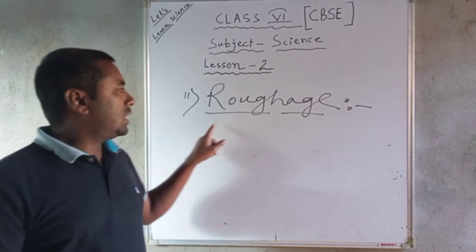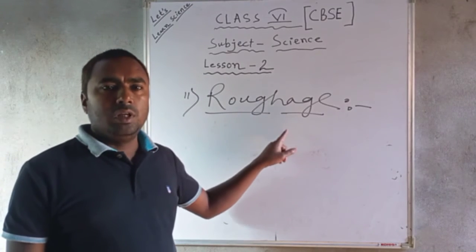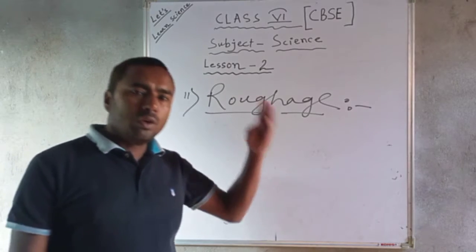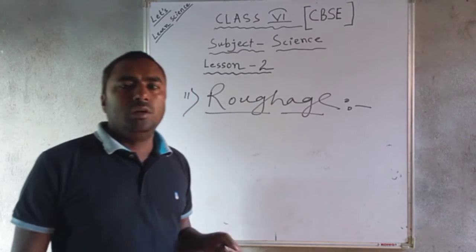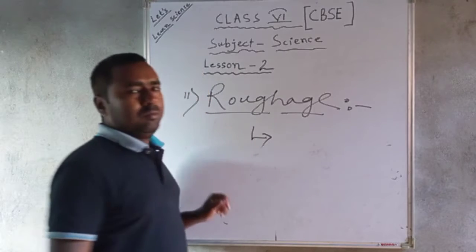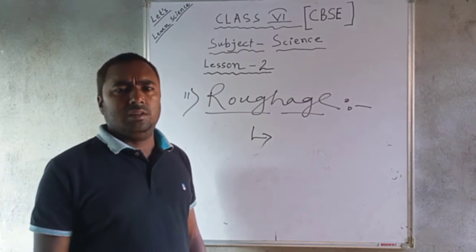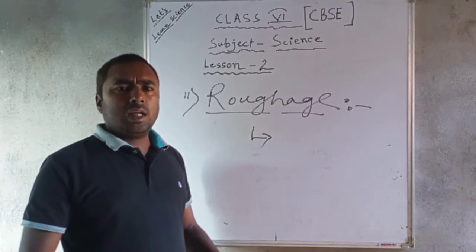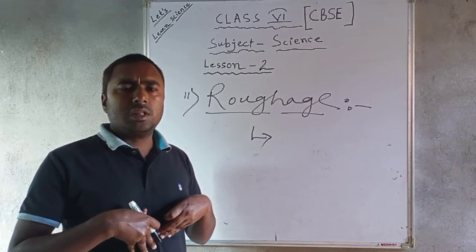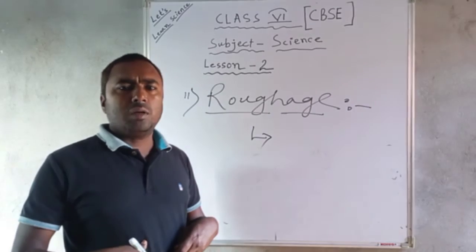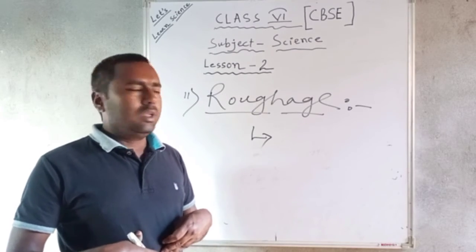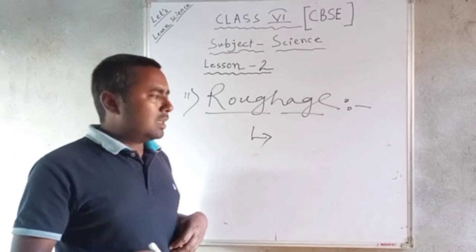Although it doesn't have any energy value or nutritional value, it performs some other activities in our body. It keeps our digestive system working, which is very essential for digestion. Because if digestion does not take place in our digestive system, then our body cannot absorb the essential nutrients. So digestion is very essential.